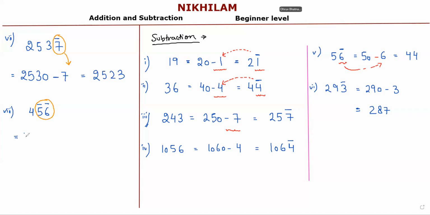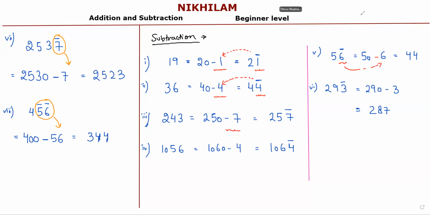You have to place two zeros because the bar is placed over two digits. And then you subtract the same digits over which the bar is placed. So you have to subtract 56 from it. And that will give us 10 minus 6, 4, 9 minus 5, 4. And this is 3, 344.